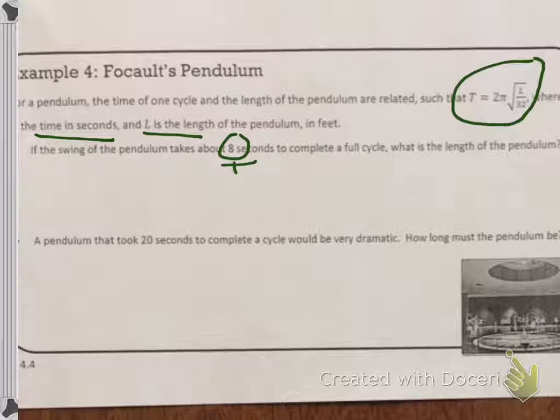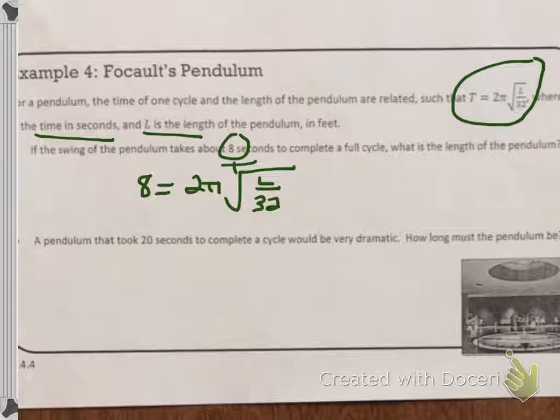So we're going to substitute 8 in for t here, and we're just going to solve it really fast. So we'll have 8 equals 2 pi times the square root of L over 32. The first thing we're going to do is divide both sides by 2 pi, and we can just let our calculator do that work for us.